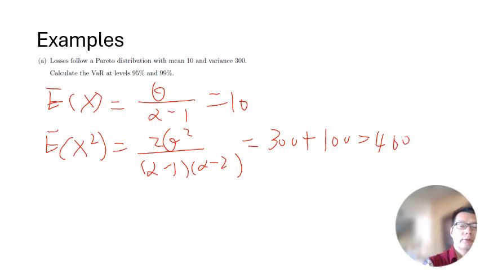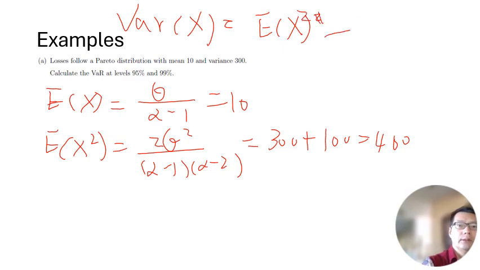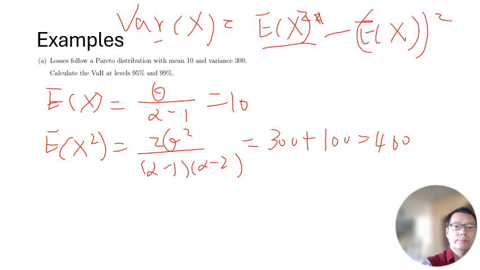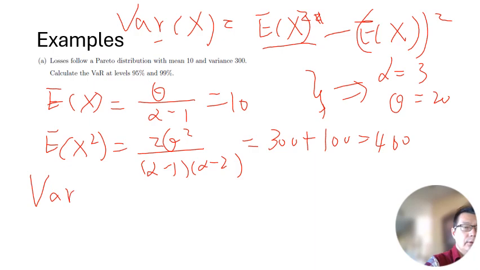This is the formula we learned before: Var[X] is equal to E[X squared] minus E[X] squared. Therefore, E[X squared] is 300 plus 100. From these two, we can get alpha equals 3 and theta equals 20. Once we got this, then value at risk is easy to calculate.